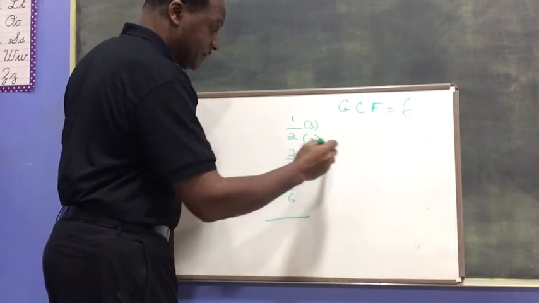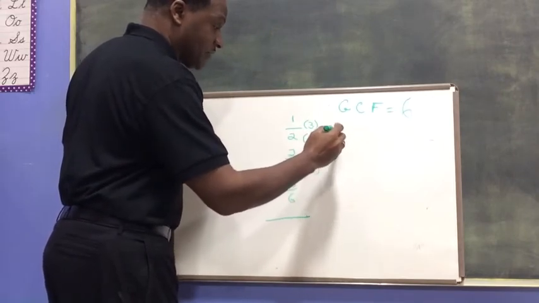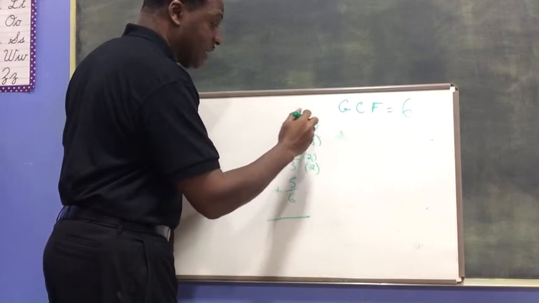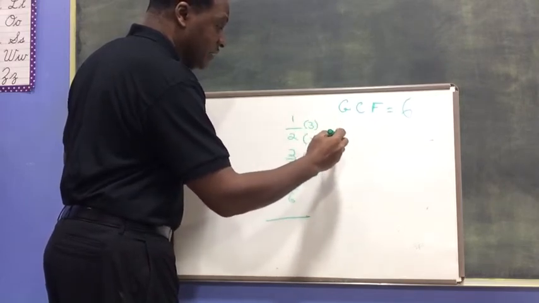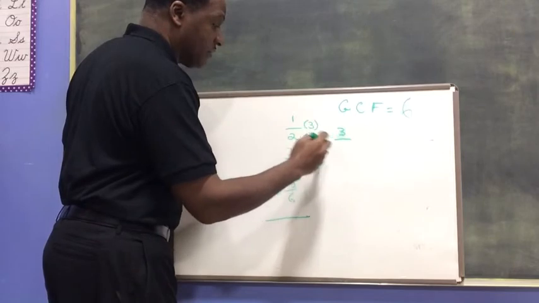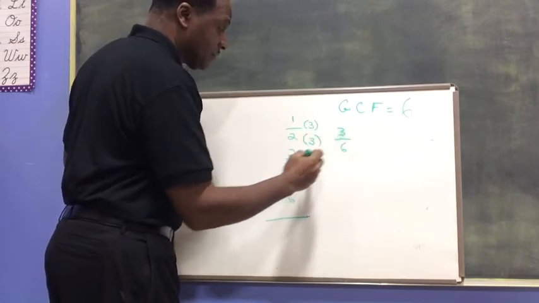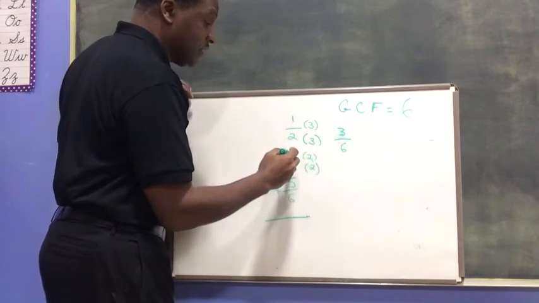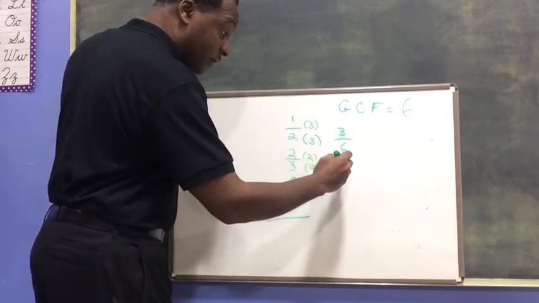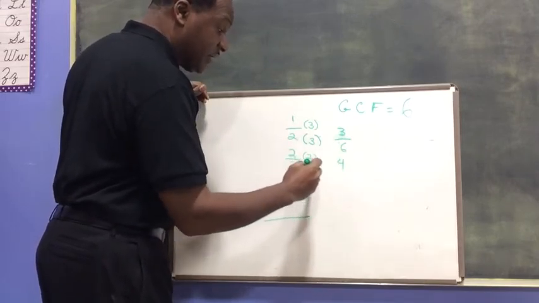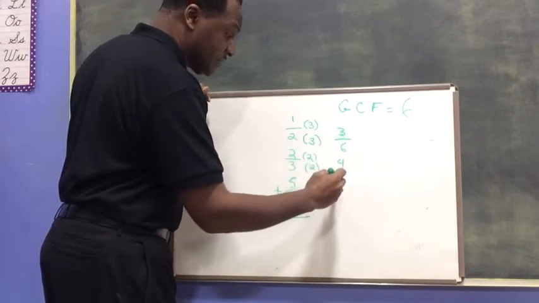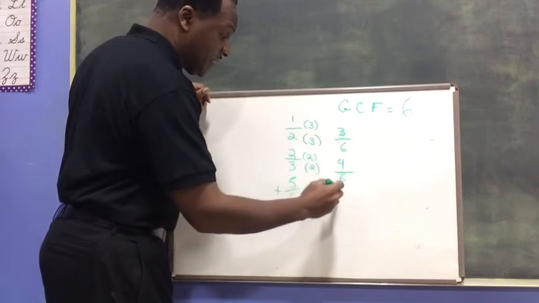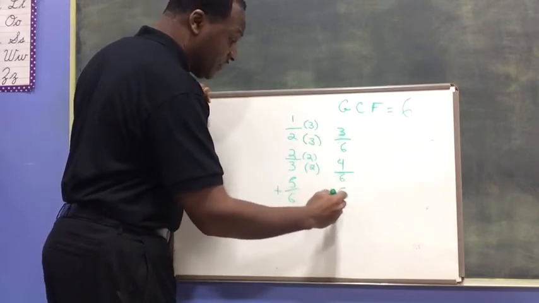So let's do that. 1 times 3 is 3, and 2 times 3 is 6. Okay, so we have our first fraction. 2 times 2 is 4, and 3 times 2 is 6. So we have our second fraction. And then 5 over 6. Bring our 5 over 6 over here.